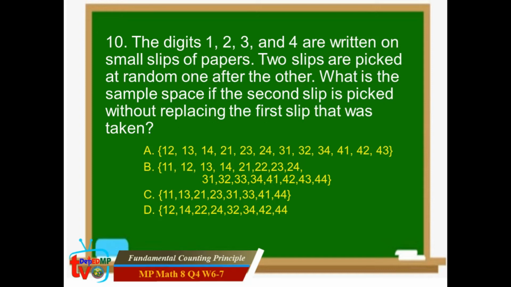B. 11, 12, 13, 14, 21, 22, 23, 24, 31, 32, 33, 34, 41, 42, 43, 44. C. 11, 13, 21, 23, 31, 33, 41, 44. And D. 12, 14, 22, 24, 32, 34, 42, 44.